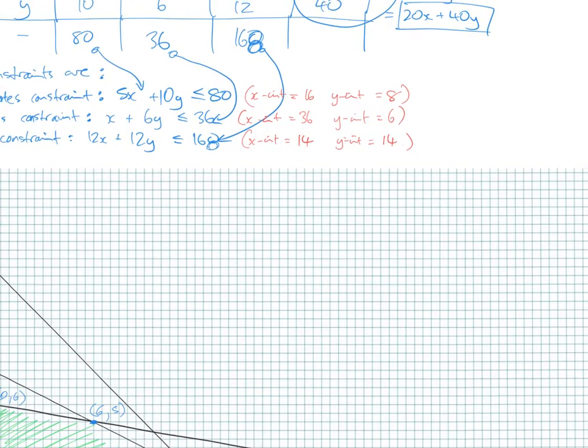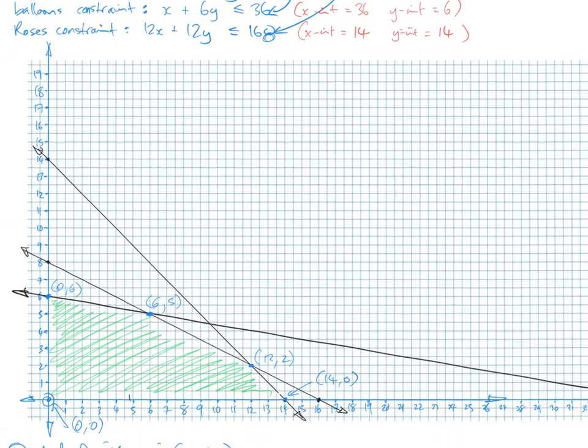Step 5, create a feasible solution objective function table, also known as a vertex objective function table. Feasible solution vertex on the left hand side, objective function on the right hand side, which was 20x plus 40y.